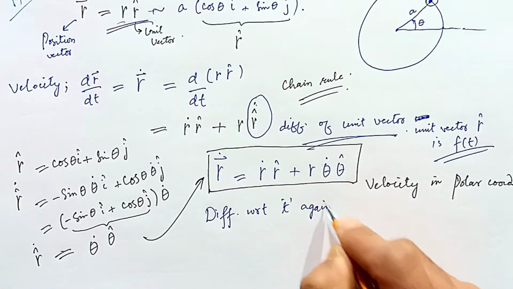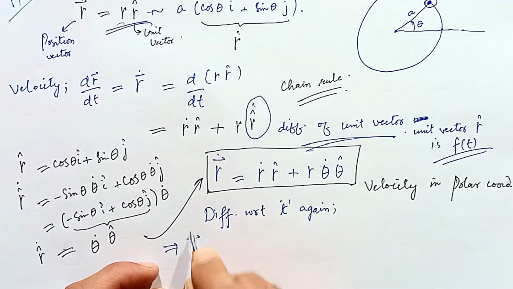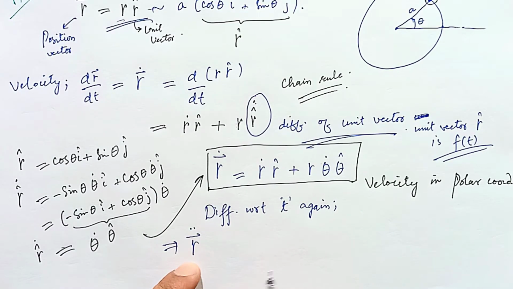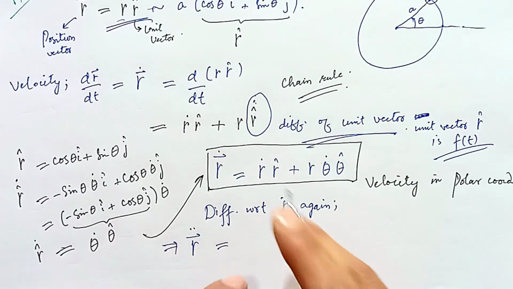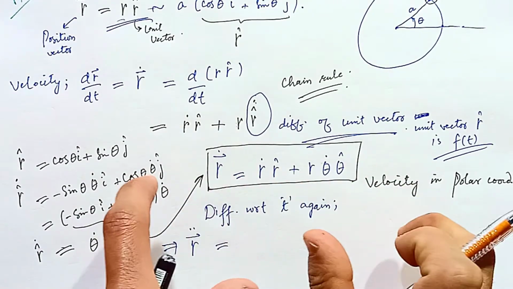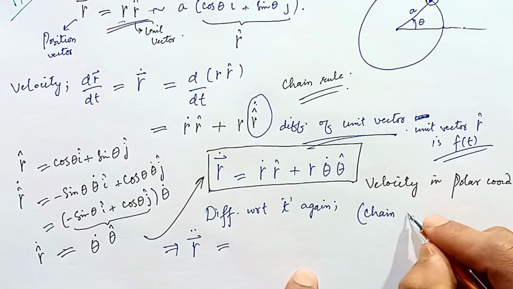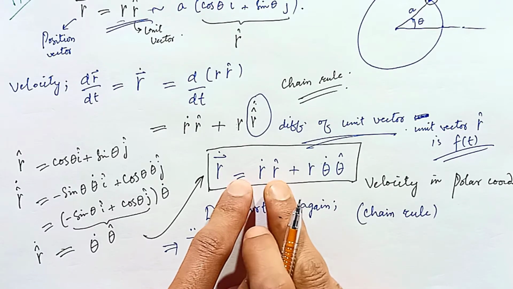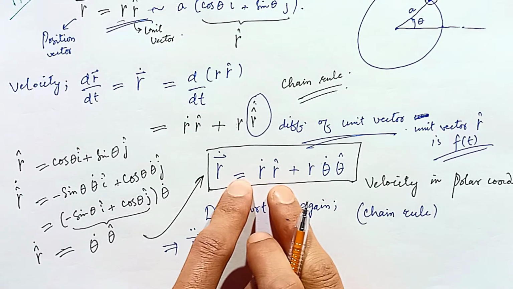That implies r double dot, the double differentiation with respect to time, is equal to the differentiation of this. Keep in mind we are applying the chain rule, because these are all functions of time.